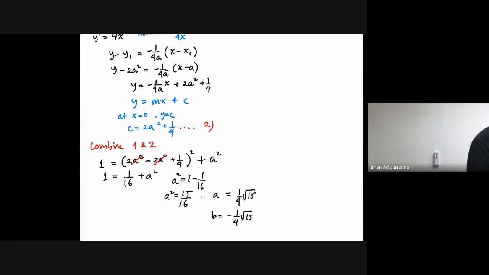We already found a, then we can go to equation 2 and bring back this 15 over 16 and solve for C. So C will be 2 times 15 over 16 plus 1 over 4, which is 34 over 16. Yes. So you get A, B, and C.